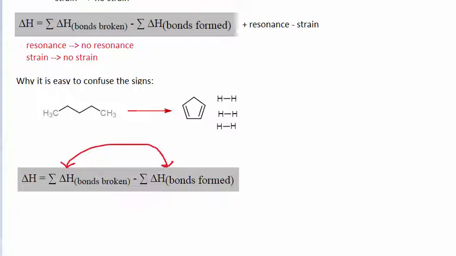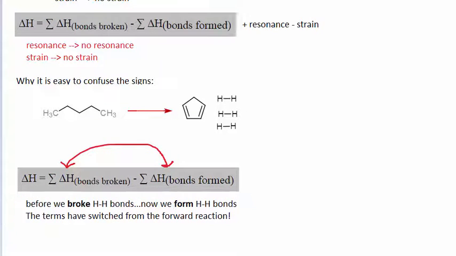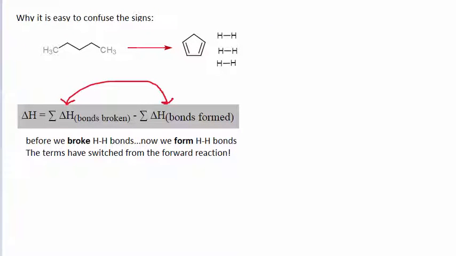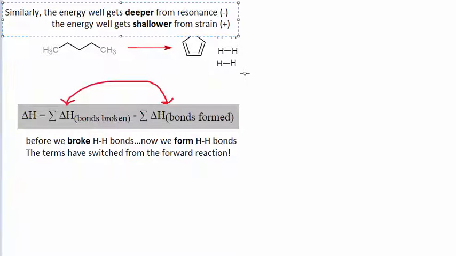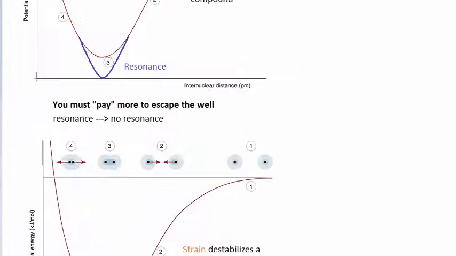Well, the same thing happens with the strain. So again, before we broke the HH bonds, now we form the HH bonds. And similarly, when we're talking about our resonance and our strain, from the new perspective, we're going in the reverse direction.